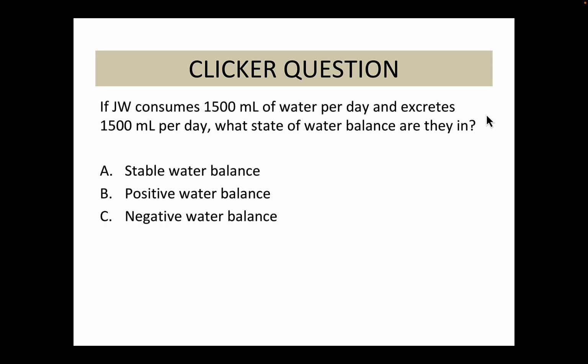So let's try some clickers here. If JW consumes 1,500 mLs of water and excretes 1,500 mLs per day, what state of water balance are they in? This is stable. Their inputs of 1,500 equal their outputs, which means that the amount of water in their body is staying the same.